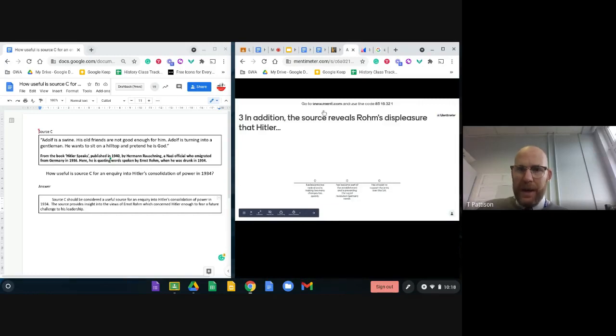The code is menti.com again. The code is 85 16 32 1. And it says, in addition, the source reveals Röhm's displeasure that Hitler, so remember, you've got the source that you can see on the left-hand side of your screen.